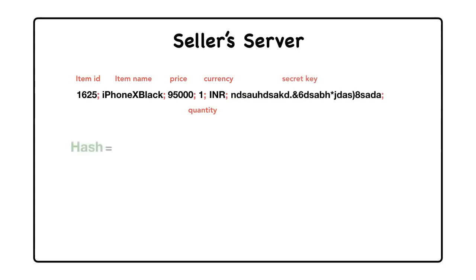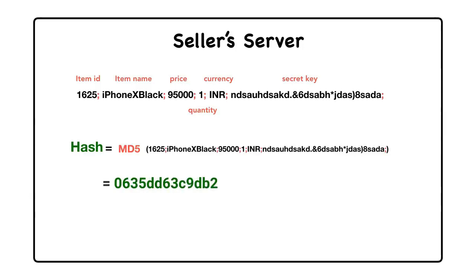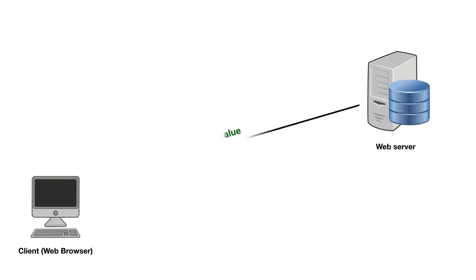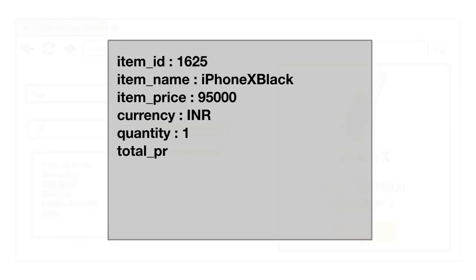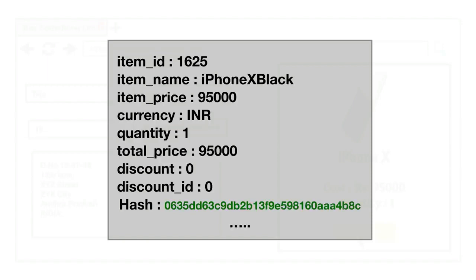It then hashes this string with a hashing algorithm, for example SHA-256 or MD5 or basically any hashing algorithm, so that the original form of the string which contains a secret key cannot be retrieved by the users of the website. It then sends this hash to the client, or in other words, the browser. So when the user is being redirected to the payment gateway website from the seller's website, he needs to pass this hash that is sent by the seller as one of the parameters.